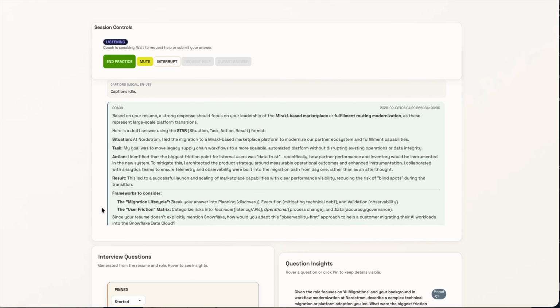Task. My goal was to move legacy supply chain workflows to a more scalable, automated platform without disrupting existing operations or data integrity. Action. I identified that the biggest friction point for internal users was data trust, specifically how partner performance and inventory would be instrumented in the new system. To mitigate this, I architected the product strategy around measurable operational outcomes.